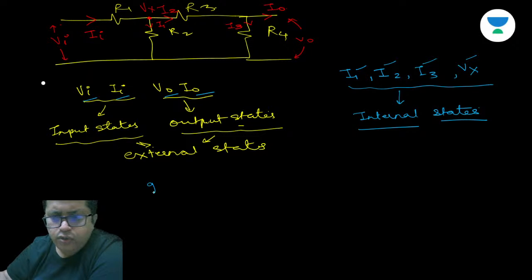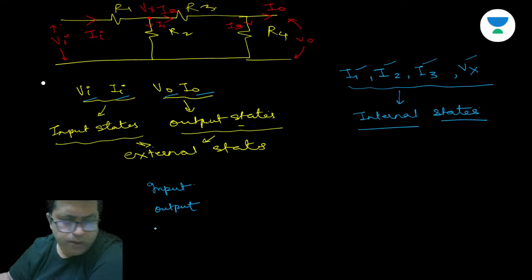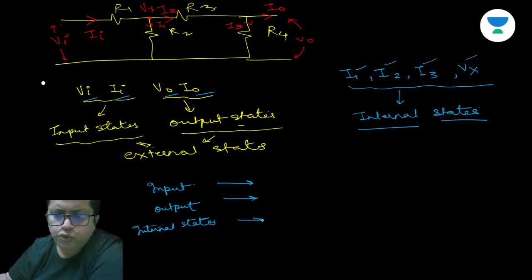So I have got input, I have got output, I have got internal states. These three are the parameters in the state space approach.